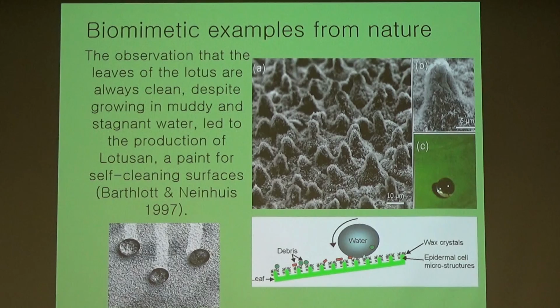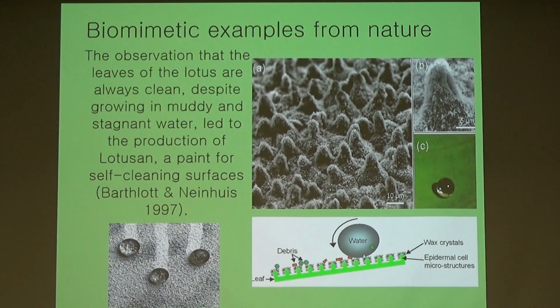And there's some property, and the property is related to the physical structure of these leaves. So despite growing in muddy environments, they're completely clean. And so it's found that there's a nanostructure on the surface of these lotus leaves, and this directly causes this self-cleaning, this anti-wetting ability. It's principally all down to the physical structure.